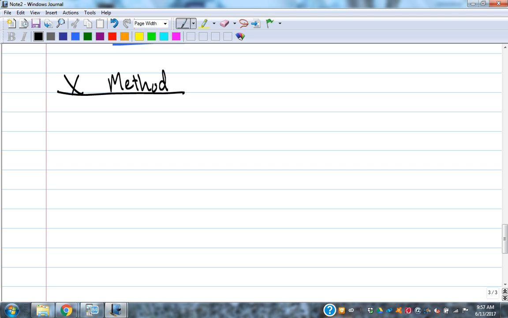So what the X method at its root is trying to do is take a trinomial, something with 3 terms, and turn it into something with 4 terms. If we can do that, then that allows us to do grouping, which allows us to use the GCF, which we already know how to do.